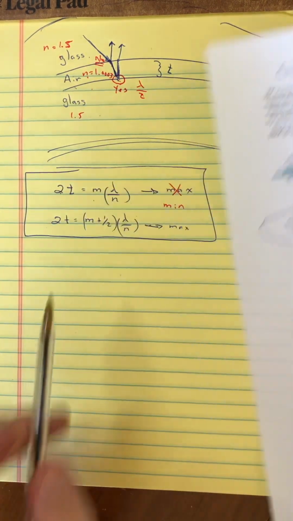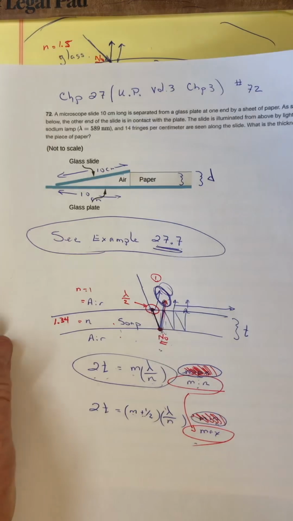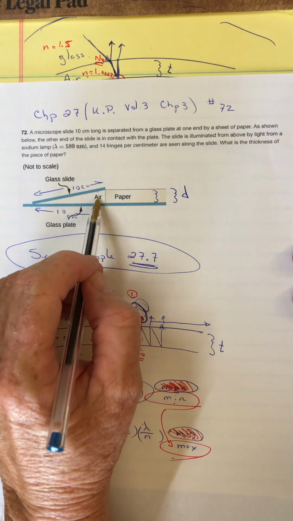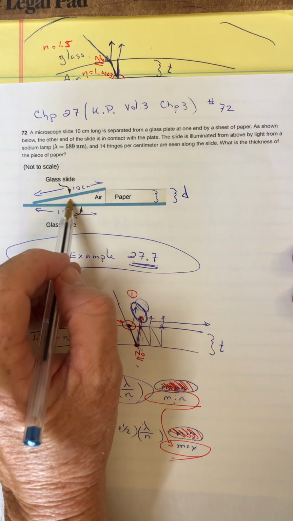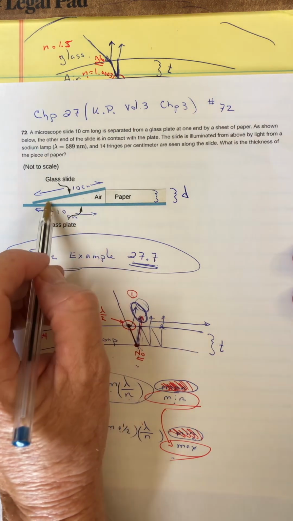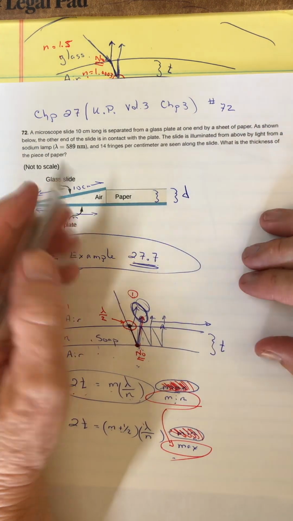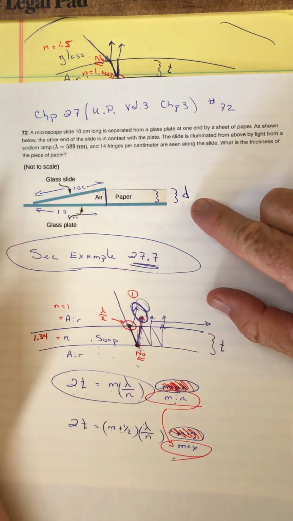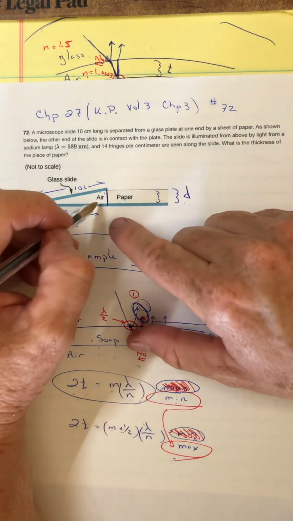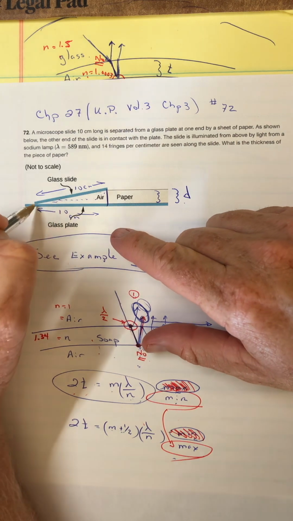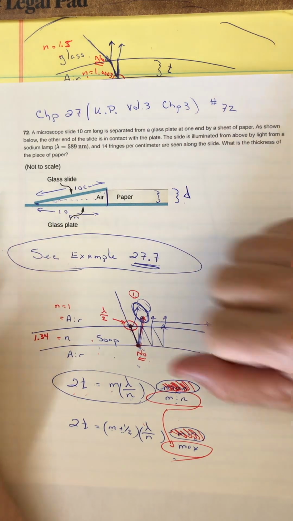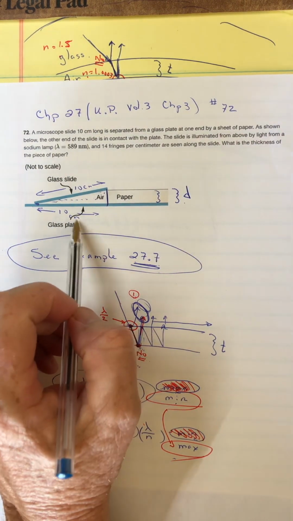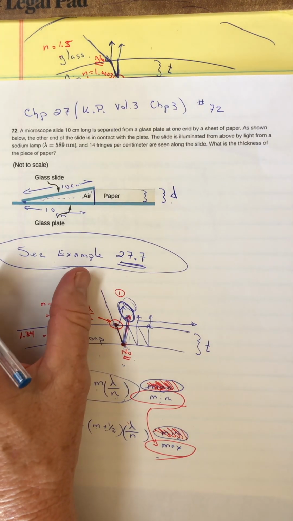I don't want to call it T because T is the thickness of the gap, and what makes this problem kind of hard is the thickness T changes. The gap changes because of this angle here. At the far right-hand side, the gap is the same thickness D as the paper, but way over on this end, the thickness is 0. And so the thickness varies, and we need to think about that for a little bit. That's what's going to make this problem hard.